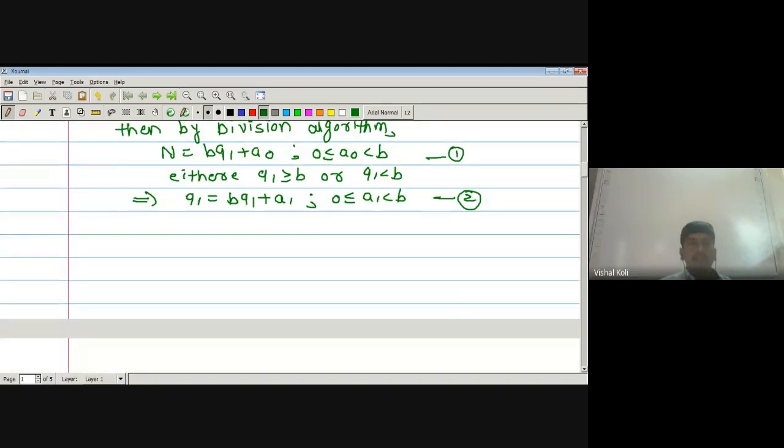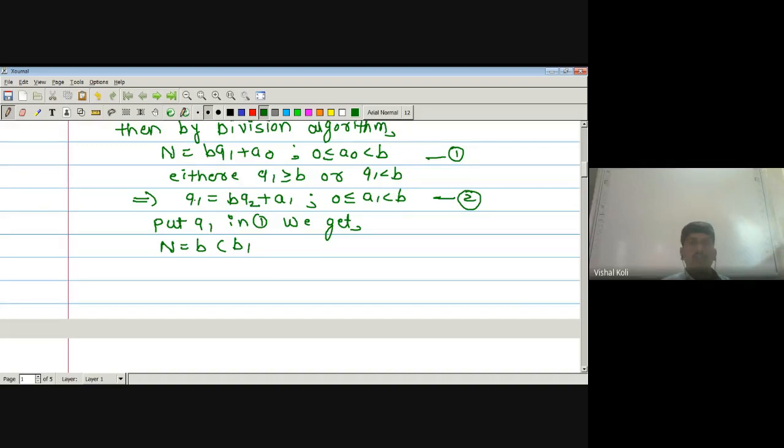Now we have to put the value of q1 in equation 1. Put q1 in 1, we get n equal to b into q1, and q1 is nothing but, sorry, b into q2 plus a1. Already we have used q1, so here we have to take q2.